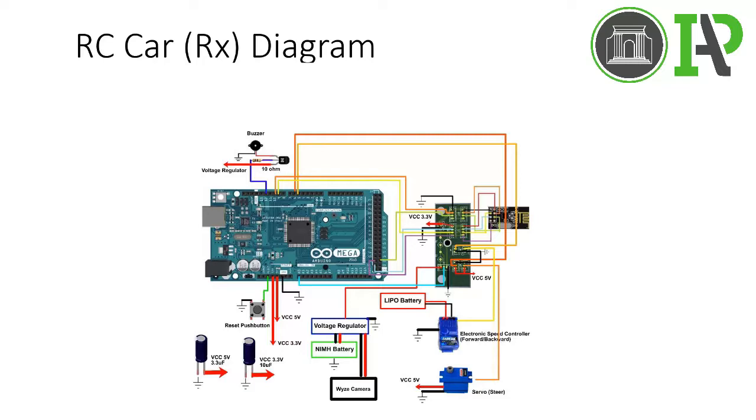Also attached to the Arduino Mega is a push button to reset the system, and also a voltage reader connected to a buzzer if voltage goes below a certain level. Specifically for the motor, we used a LiPo battery, and for the Arduino, we used a nickel metal hydride battery connected to a voltage regulator.